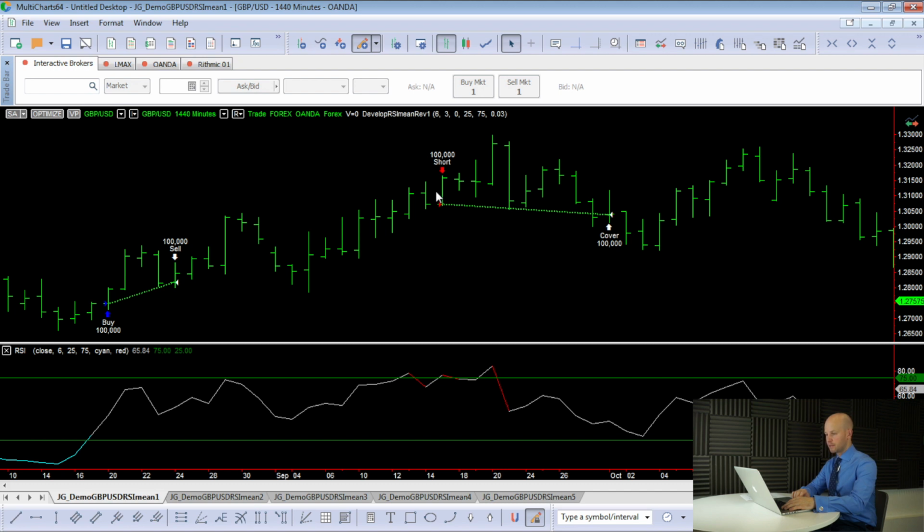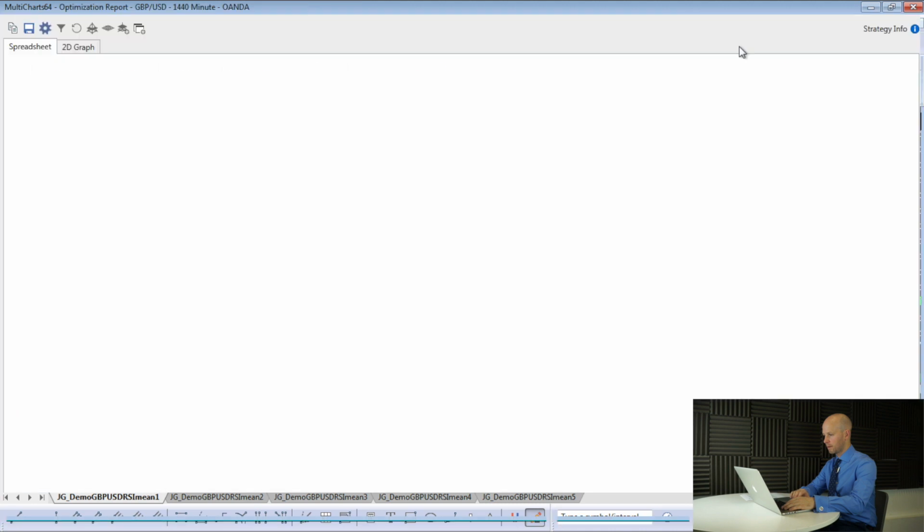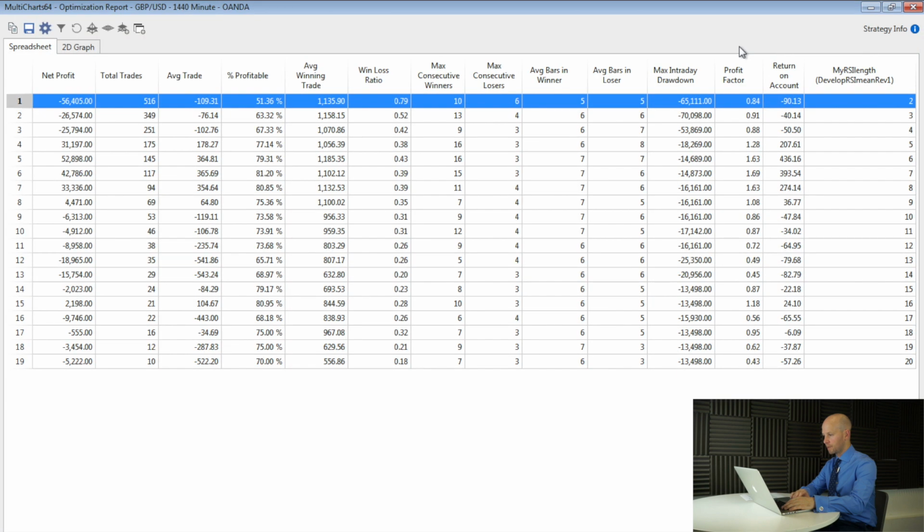Now, this data I'm going to use from 2008 through to the end of 2018. I've done an optimization on the length of the RSI, and I've left a 300 pip stop loss. I mentioned that day delay on the exit, and I've used just a 3-day delay. I just picked it out of nowhere. I didn't want to use any delay, but I did want to use a short delay.